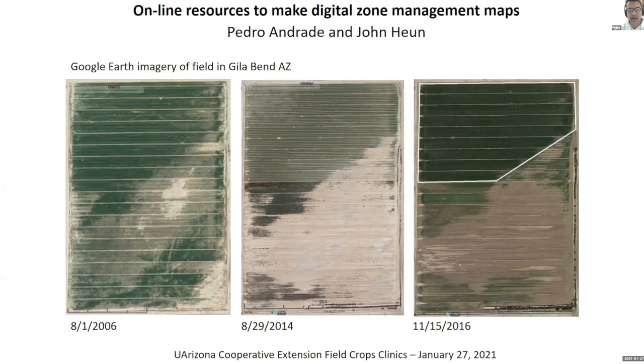It's the same field. 2 of those are in August, 1 in November. So sometimes you get imagery that happened in the spring or the fall, and you'll see very different images because of what crop was grown there.